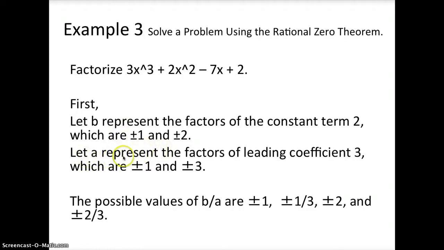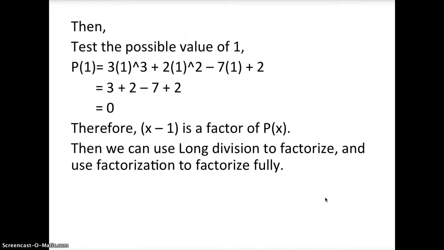Let A represent the factors of the leading coefficient 3, which are positive and negative 1 and positive and negative 3. The possible values of B over A are positive and negative 1, positive and negative 1 over 3, positive and negative 2, and positive and negative 2 over 3.